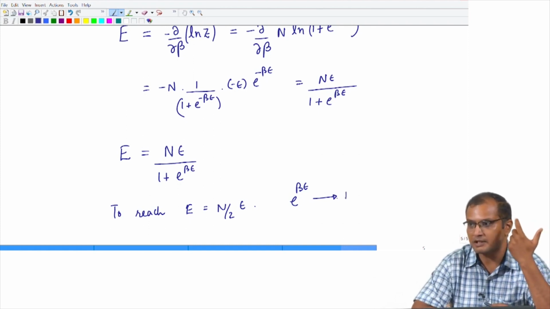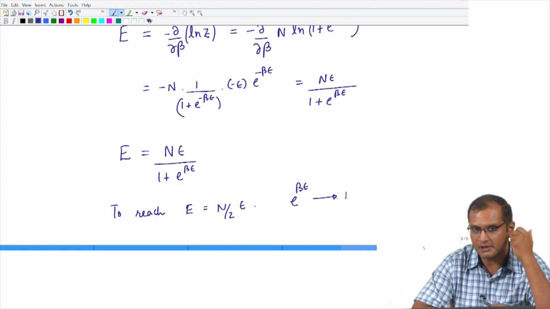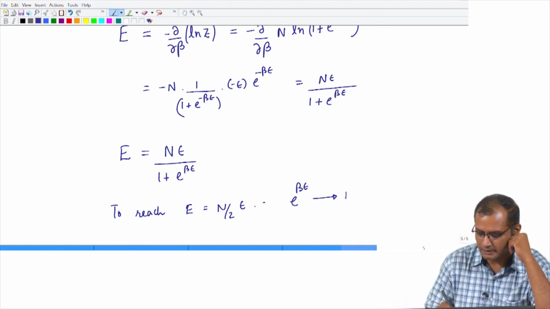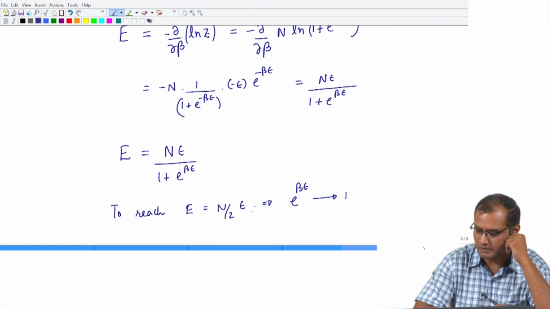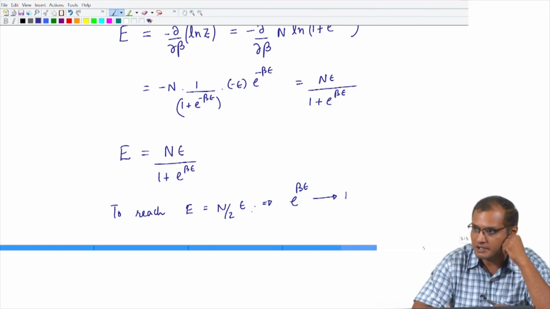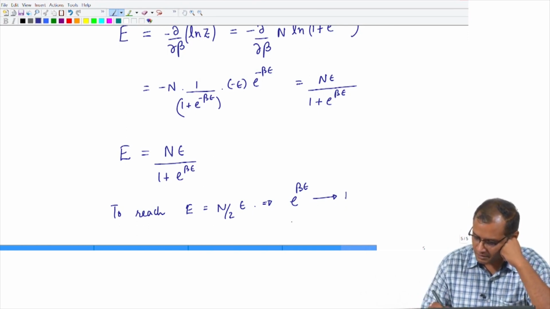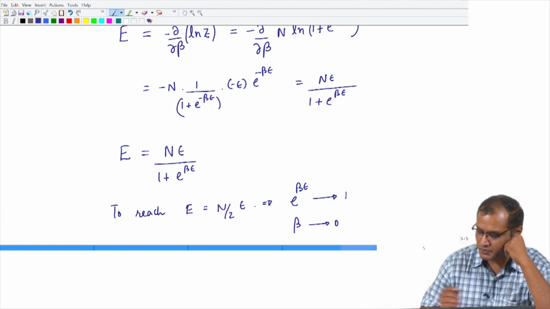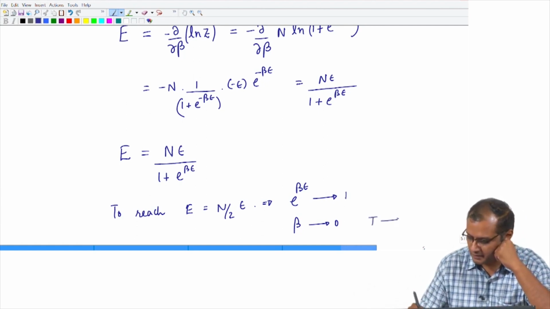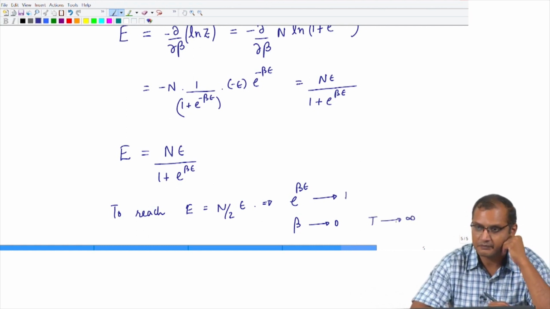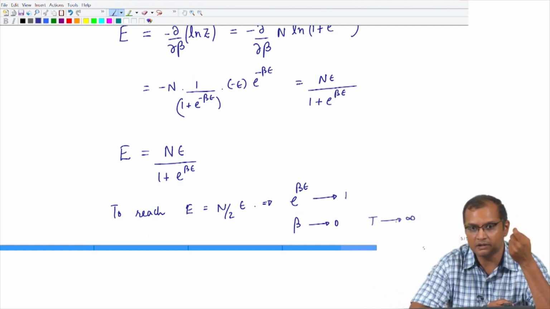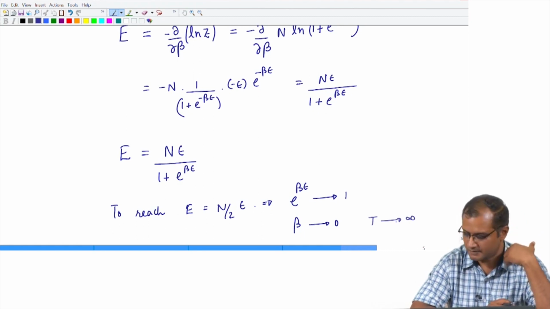So, 1 plus 1 will give you 2 in the denominator, and that will make the energy n by 2 epsilon, and the only condition in which e raised to beta epsilon becomes 1 is when beta tends to 0, and beta tends to 0 means your temperature has become infinite. So, this does not disagree at all with what I have discovered in the microcanonical case.